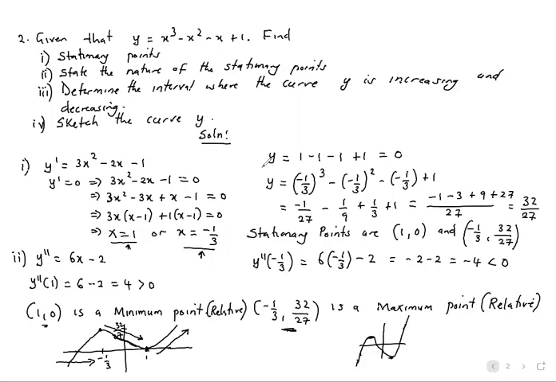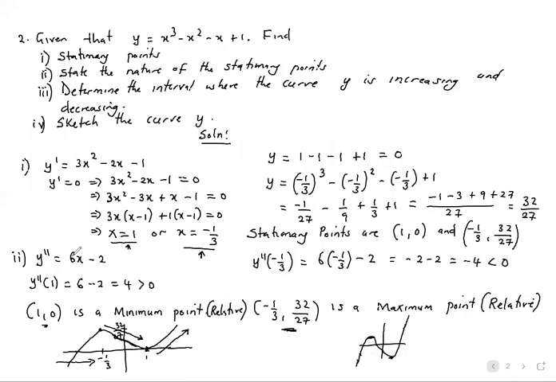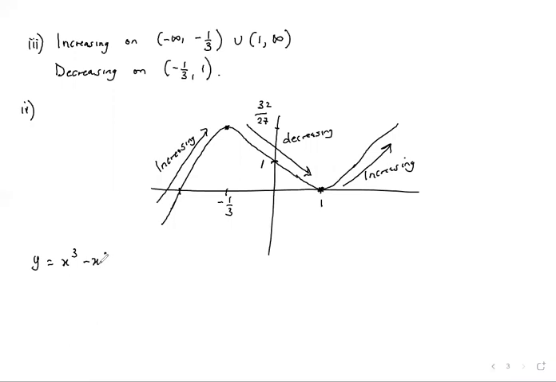And on the left, we have a polynomial here. Our polynomial is y is equal to x to the power 3 minus x squared minus x plus 1. So we've already found that 1 gives us 0, meaning that 1 is a factor.